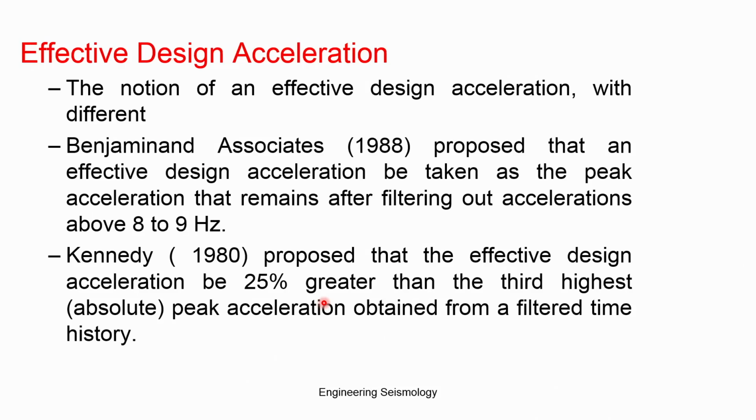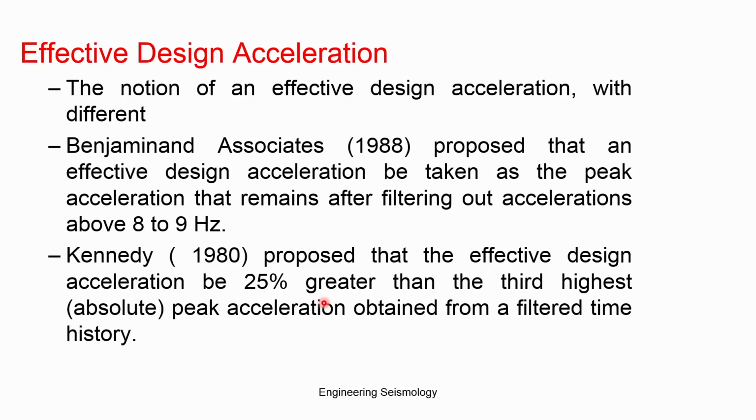Another parameter is the effective design acceleration, and the notation differs between authors. Benjamin and Associates in 1988 proposed that the effective design acceleration be taken as the peak acceleration that remains after filtering out frequencies above 8 to 9 Hz.